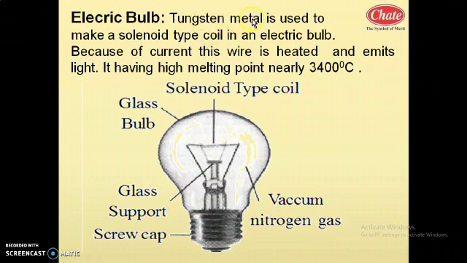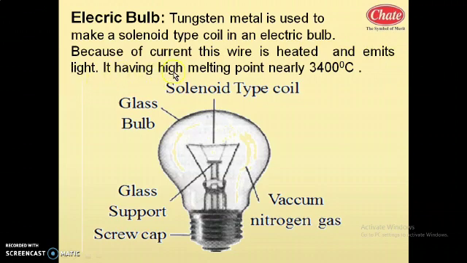Tungsten metal is used to make a solenoid type coil in an electric bulb. Because of current, this wire is heated, and due to current, the wire gets heated and emits light.